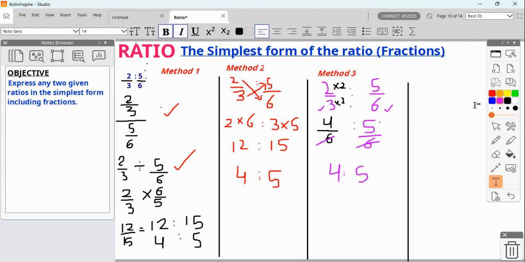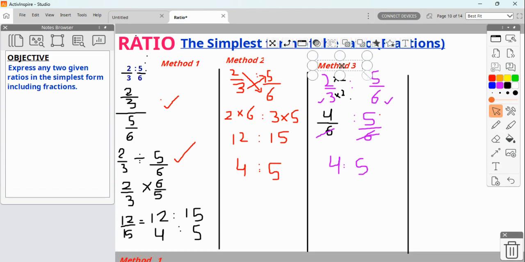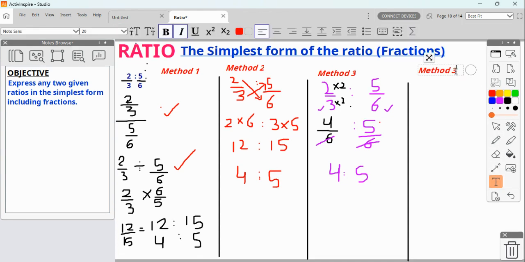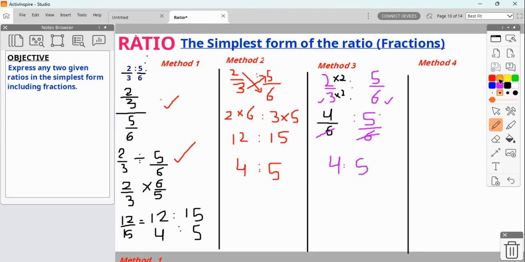So let's discuss one more method. Method number 4. In that, what we can do, we have given the fractions 2 by 3 ratio 5 by 6.